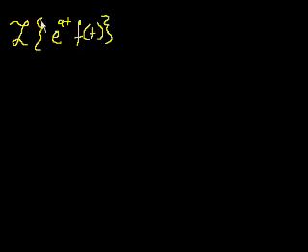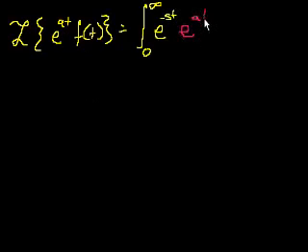Fascinating. Well, let's just go back to our definition of the Laplace transform. It is the integral from 0 to infinity of e to the minus st times whatever we have between the curly brackets. So we have e to the at times f of t dt. And now we can add these exponents, right? We have a similar base.